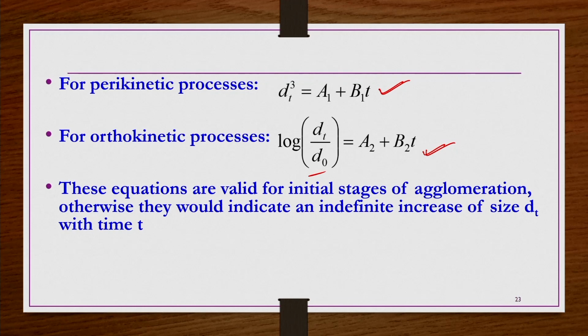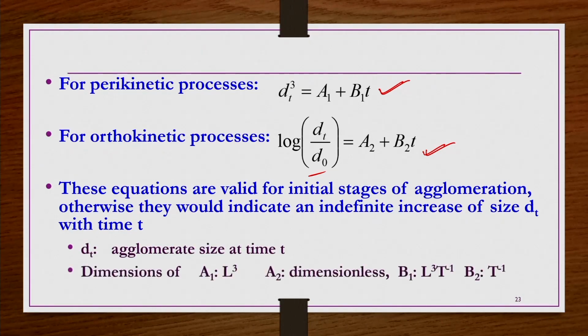That is the reason these equations are valid only for initial stages of agglomeration, otherwise they would indicate an indefinite increase of size dt with time t. Dt is the agglomerate size at time t. The dimensions of A1 are meter cube, A2 is dimensionless, B1 is meter cube per second, and B2 is second inverse. These are the units these constants have.